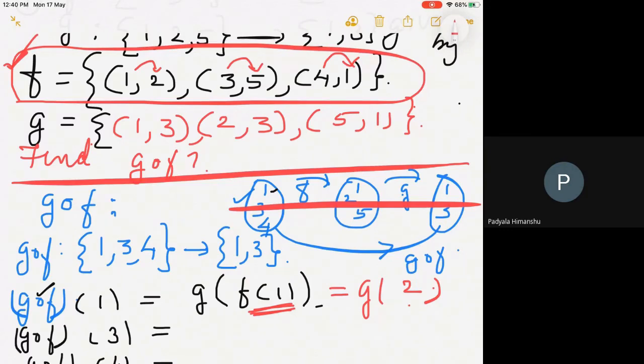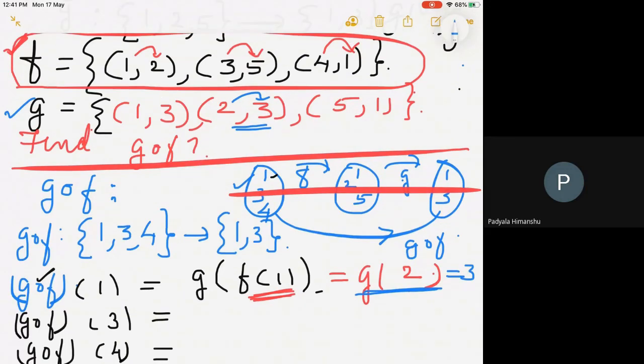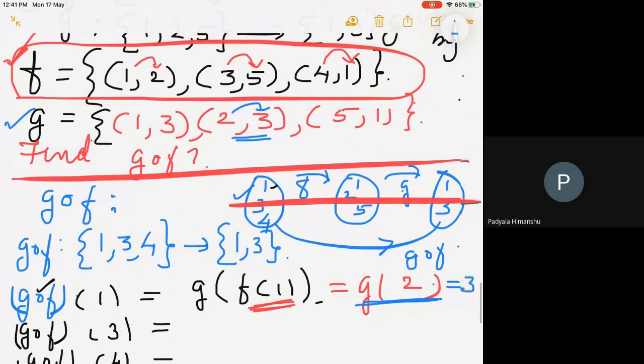Now G of 2 means the image of 2 under the function G. So now you come to the function G. The image of 2 will be 3. The image of 1 will also be 3. The image of 5 will be 1. So the image of 2, from here, is 3. It is just like a game, very easy to find out.